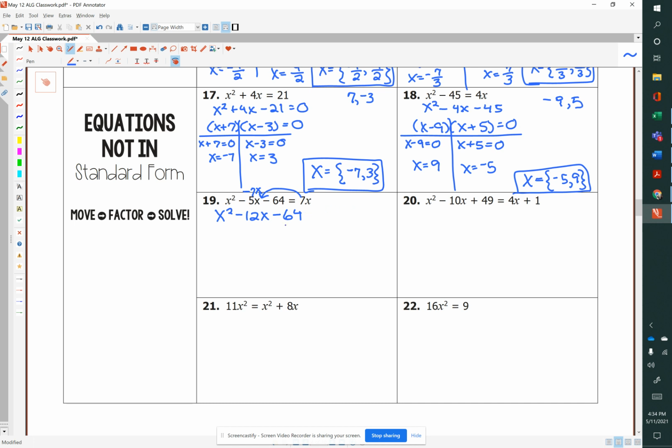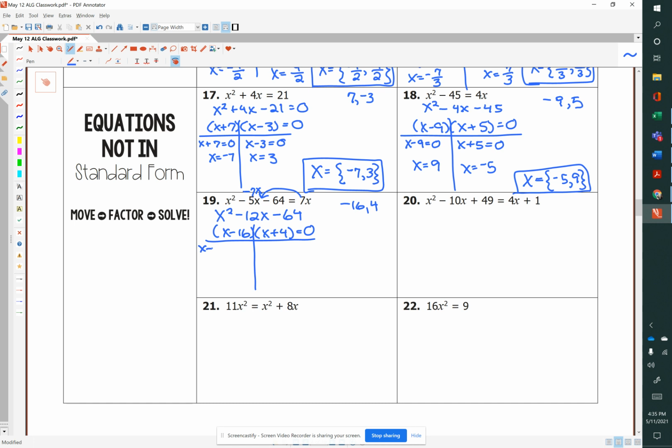So 12 times 16. 16 times 4 is 64. So if we have a negative 16 and a positive 4, that will work for us because negative 16, positive 4 add to negative 12 and multiply to negative 64. So x minus 16, x plus 4 equals 0.